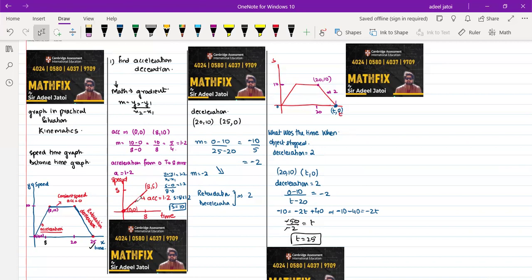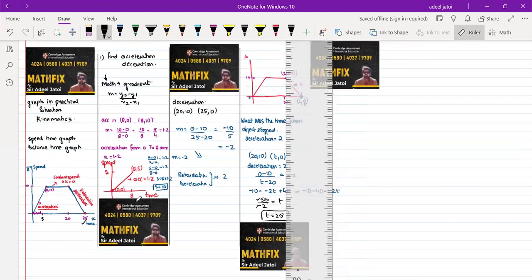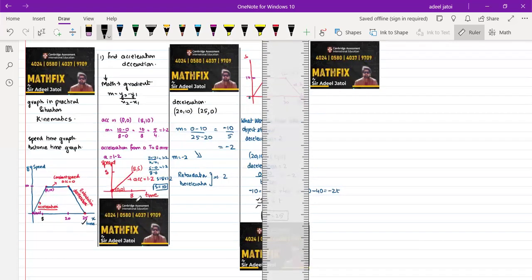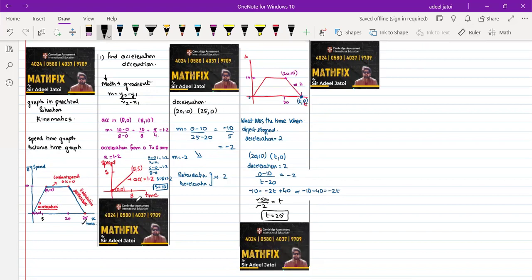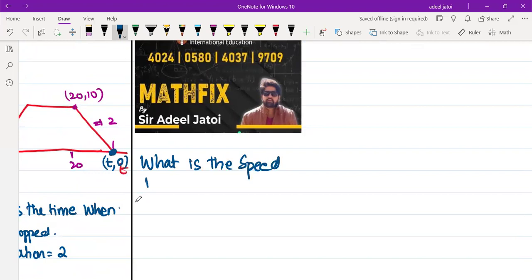Now, moving further, what else can we be asked in the same topic, or in the speed time graph? The question the examiner can ask you is, what is the speed when time is equal to 5?